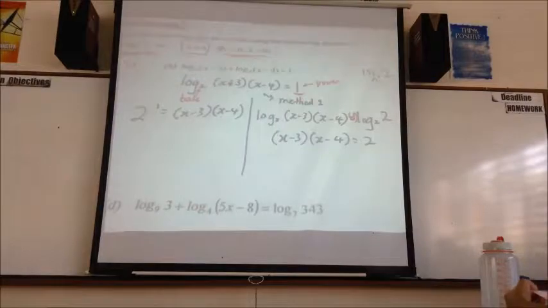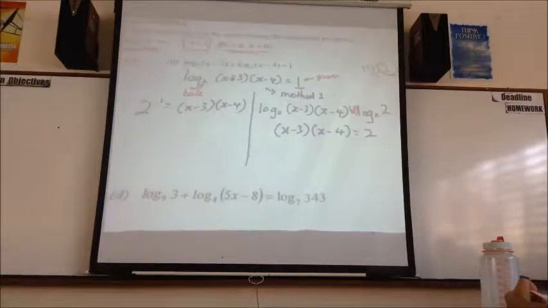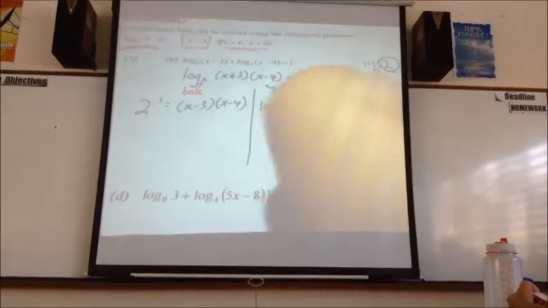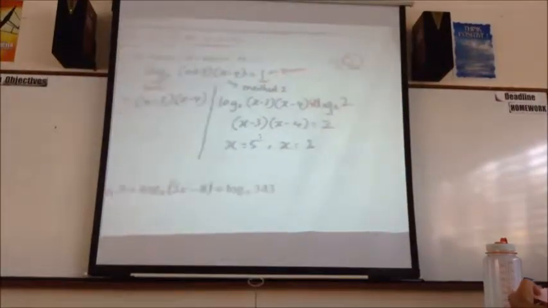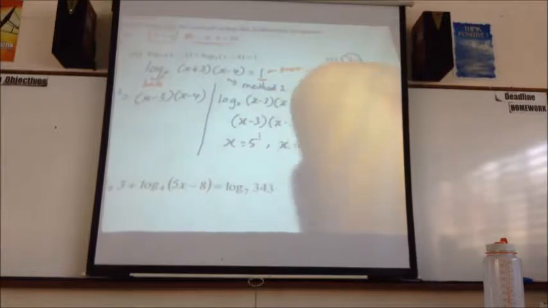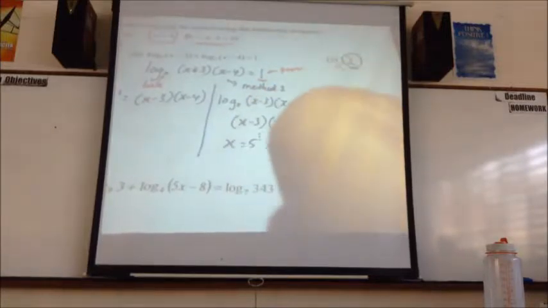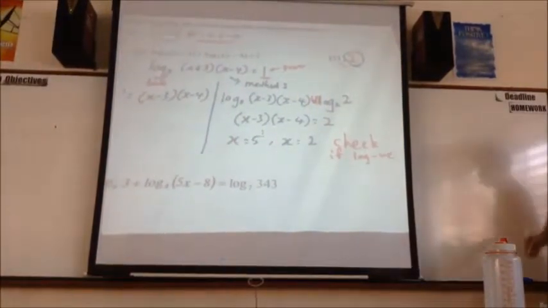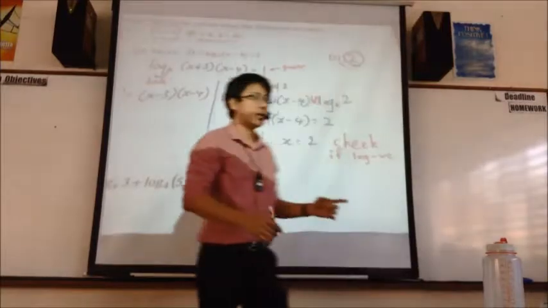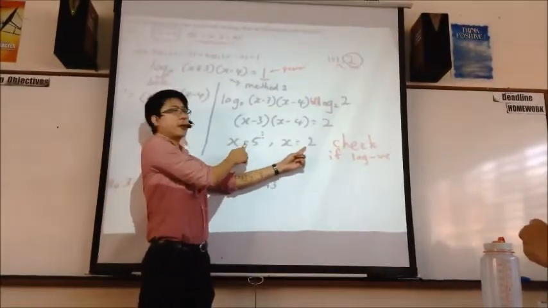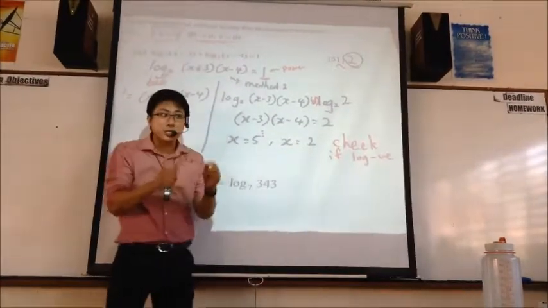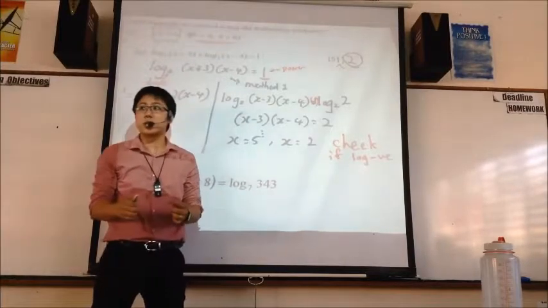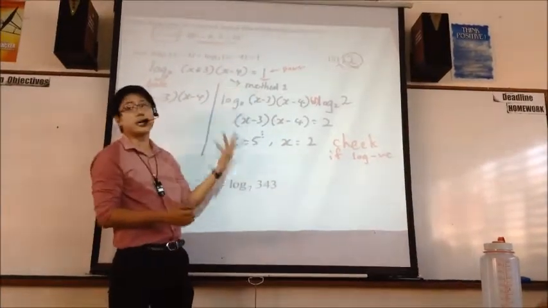Some of you are saying there's a missing answer, x equals 2. So when you solve this, x equals 5 and x equals 2. Now, you need to check if the log is a negative number. Even though you have two positive numbers, you need to reject if the logarithm is negative.